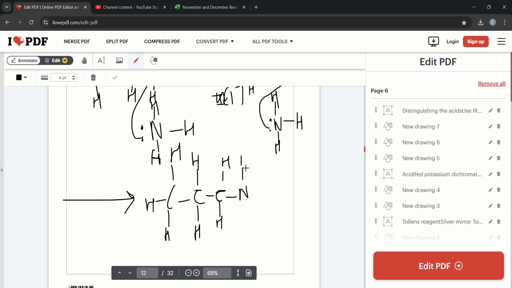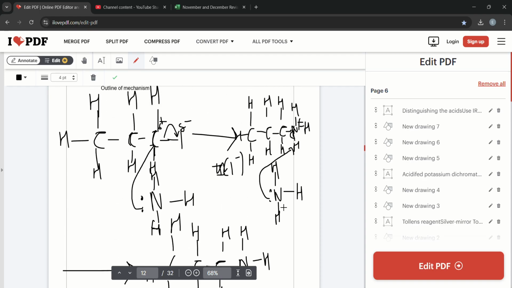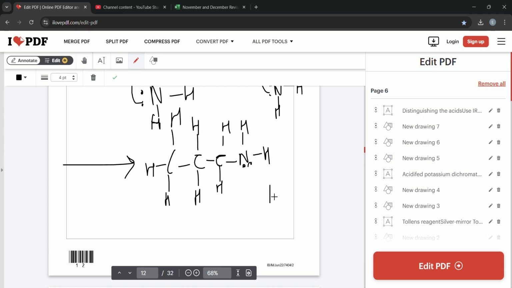Nitrogen has lost one of its hydrogens, and now it's got a lone pair of electrons transferred, and the ammonia has taken its hydrogen. And you also have now the NH4 plus, aka the ammonium ion.